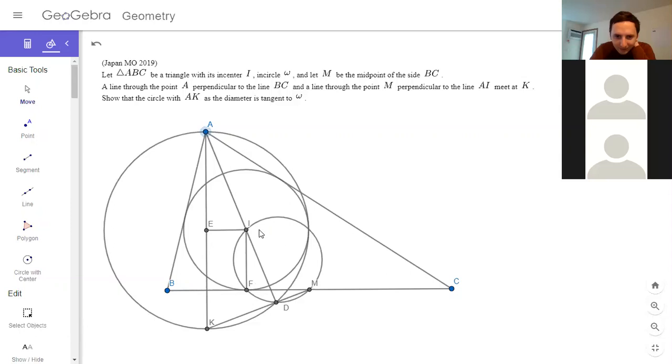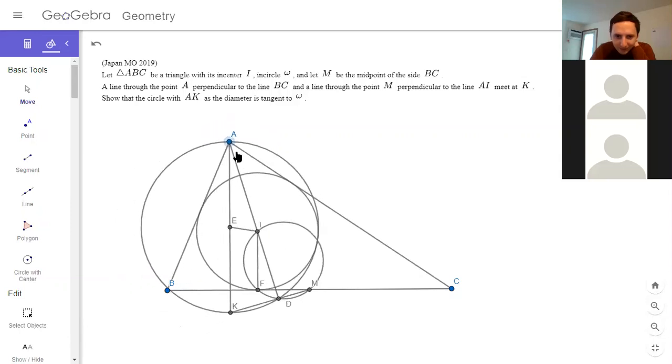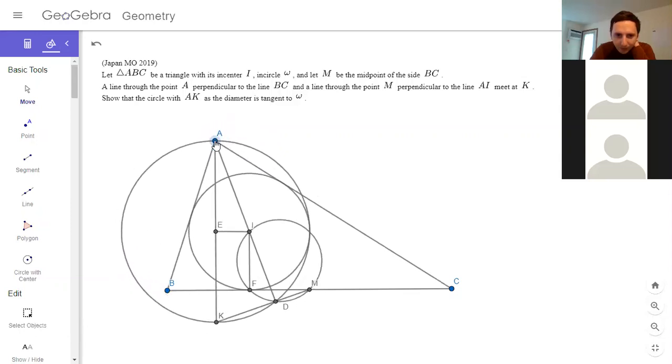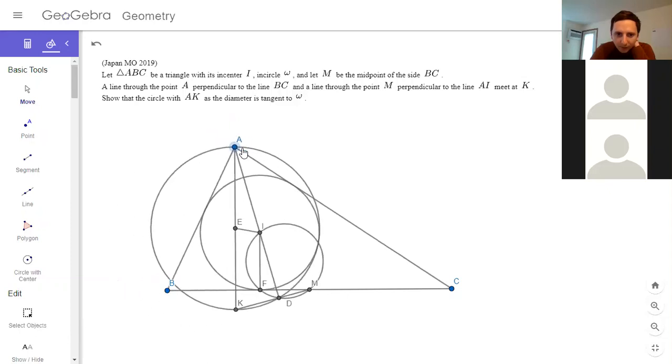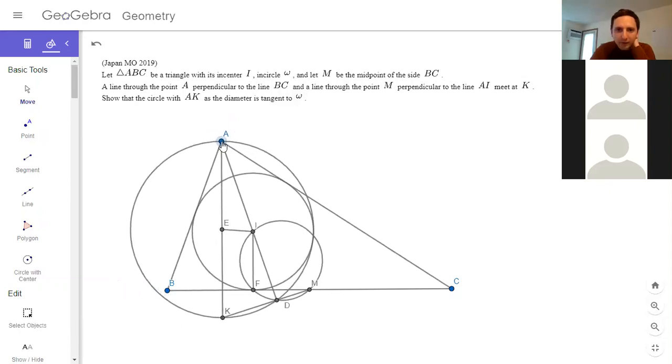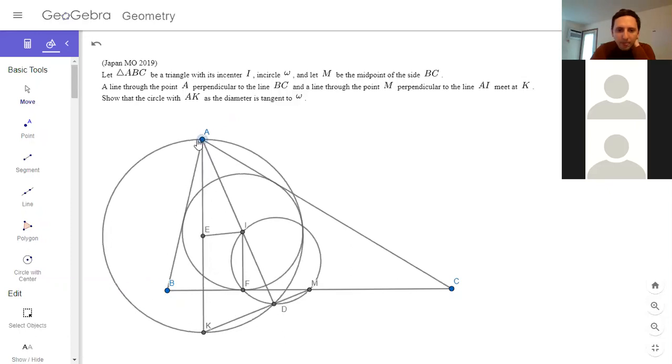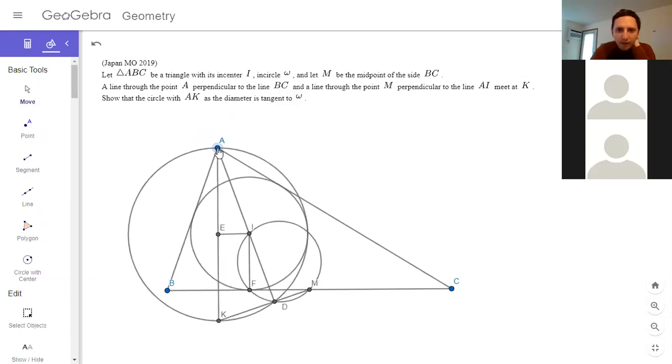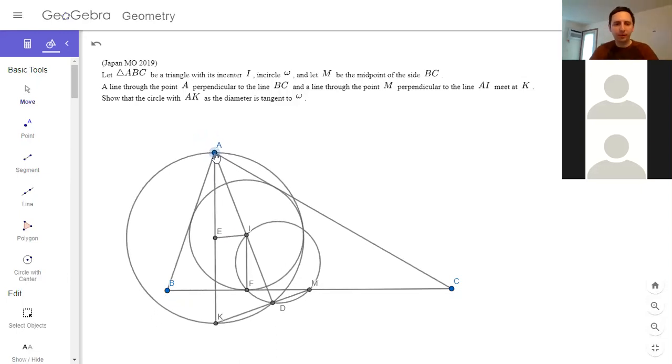Let's see. So wait, is AK perpendicular to BC? Is it obvious that AK is perpendicular to BC?